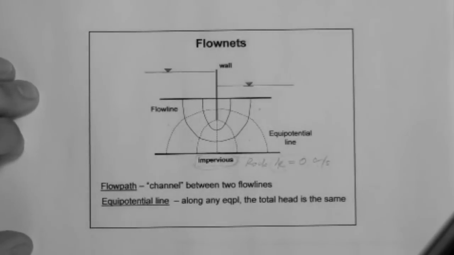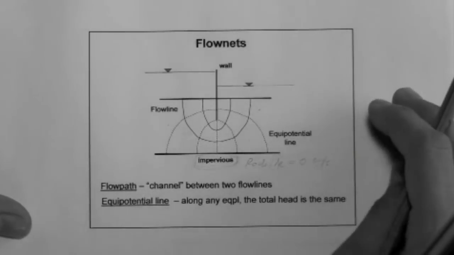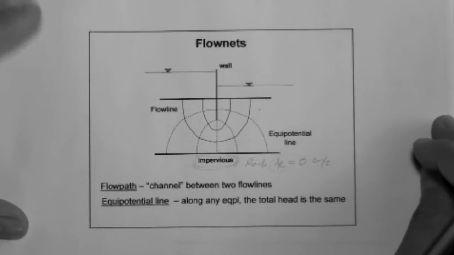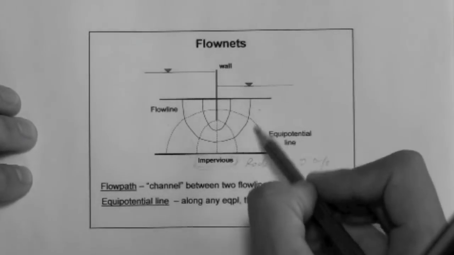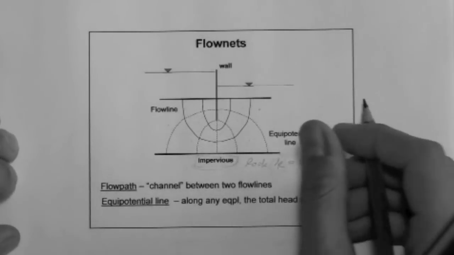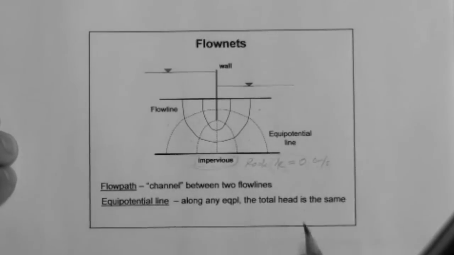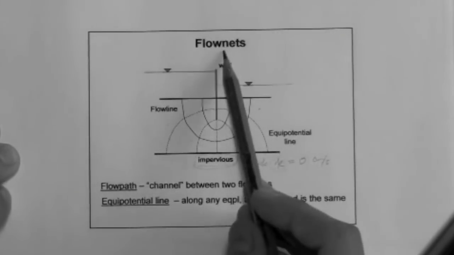All right, so here's our situation, and the idea is that we would like to know what is the head at any point. So what we would need to do is solve Laplace's equation with the boundary conditions of this problem, and we do so with the flow nets procedure.